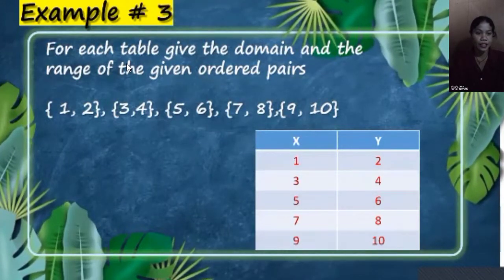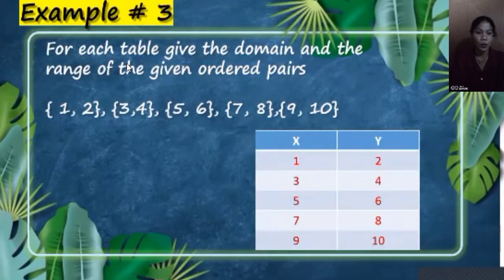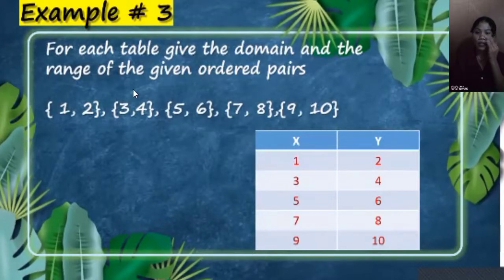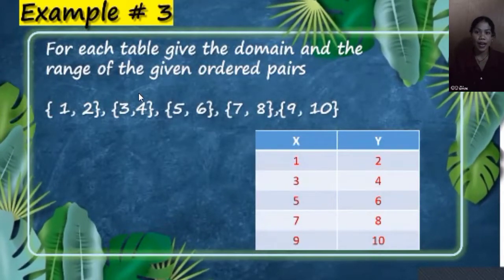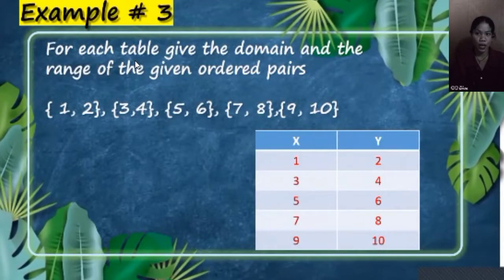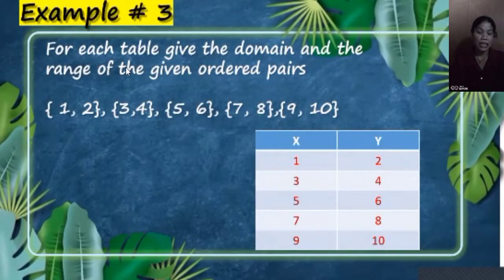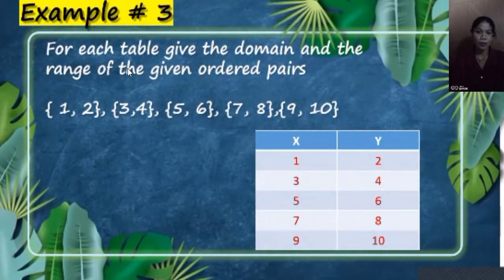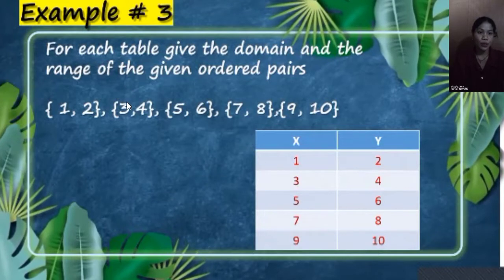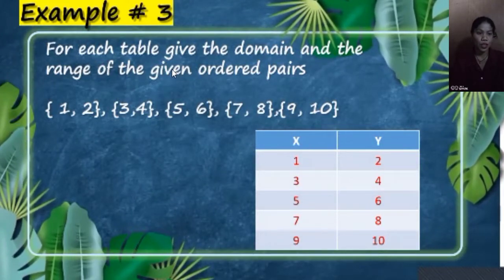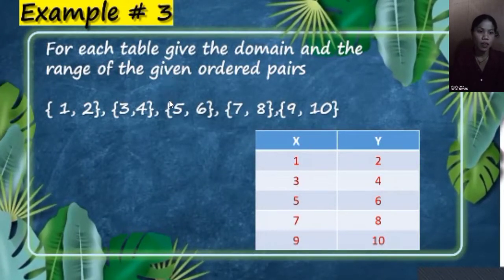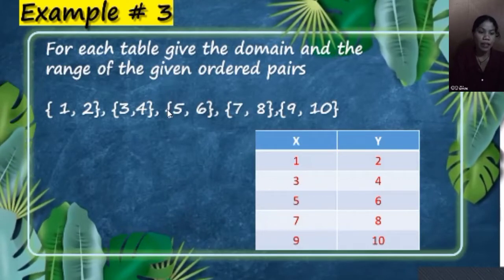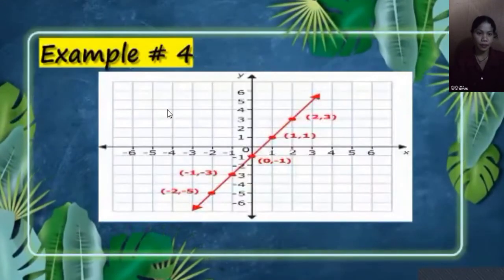Just like I said, in putting the domain in a table, we should list it in numerical order, from least to greatest. So the domain is 1, 3, 5, 7, and 9, while the range is 2, 4, 6, 8, and 10.